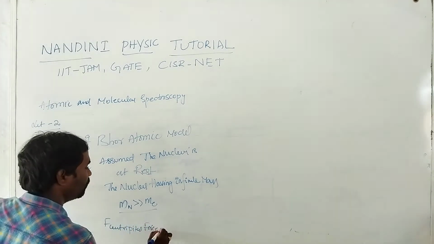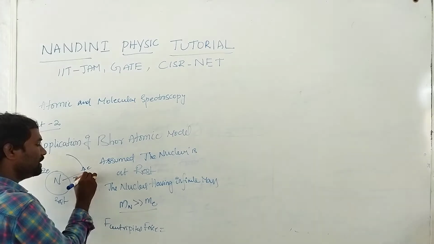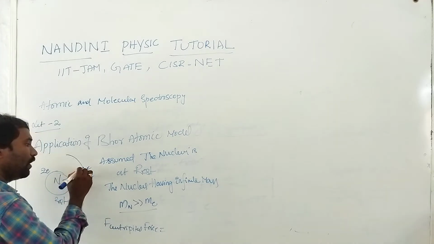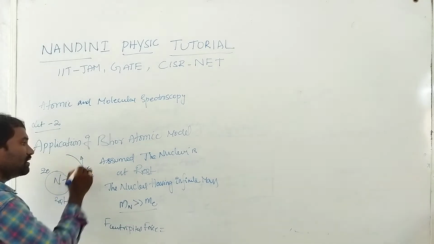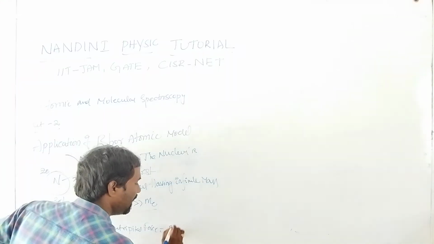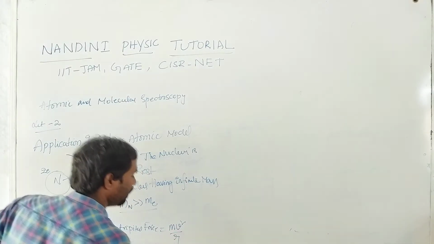That force is equal to the mass of the electron, m, times the velocity of the electron, in this direction, at distance r. So that is mv square by r.